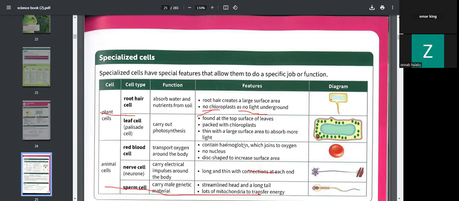Now we will take specialized cells, which are present in an organism and have a specific job or function. Number one, in plant cells, we have the root hair cell and the leaf cell. The function of a root hair cell is to absorb water and nutrients from the soil and transport them to all parts of the plant.